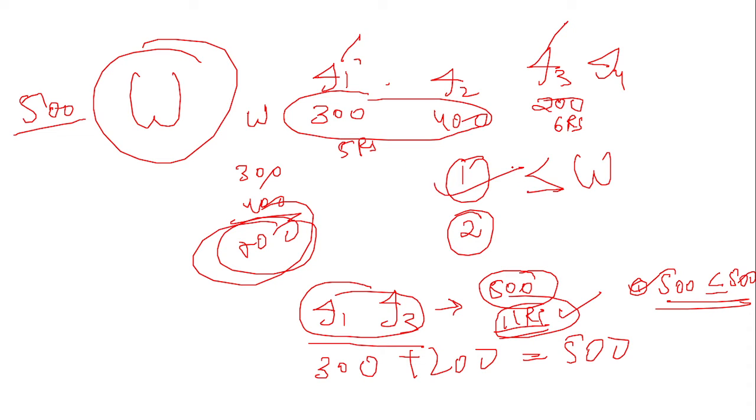The first condition is that the total weight of items should be lesser than or equal to the total weight. And the second thing is, if this condition is satisfied, then you have to get the items which are most valuable, whose cost is more.